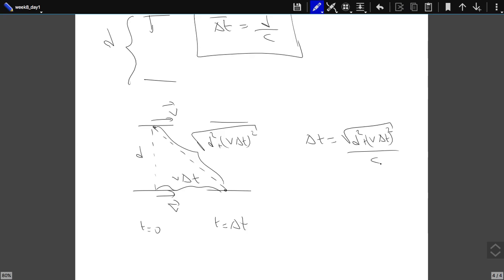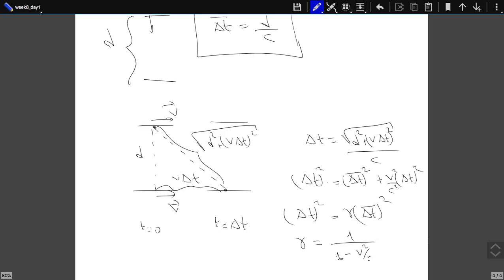over c. Now let's solve for delta t. Delta t squared is equal to delta t bar squared, this is d squared over c squared, plus v squared over c squared times delta t squared. So delta t squared is just gamma squared times delta t bar squared, where gamma is 1 over the square root of 1 minus v squared over c squared.